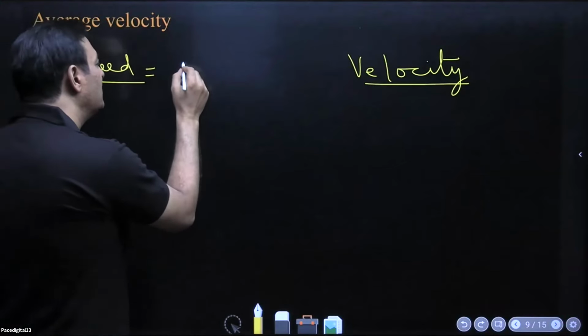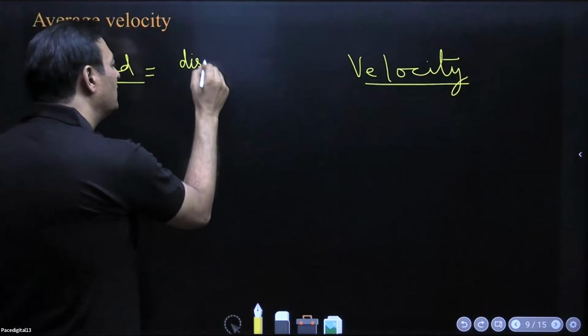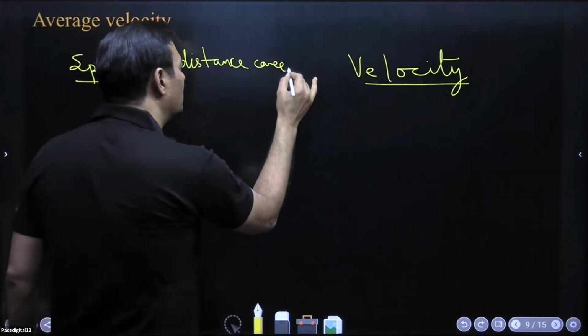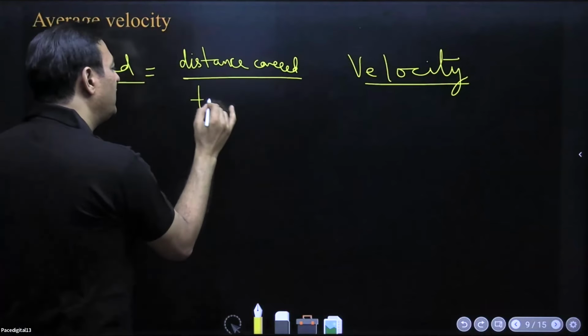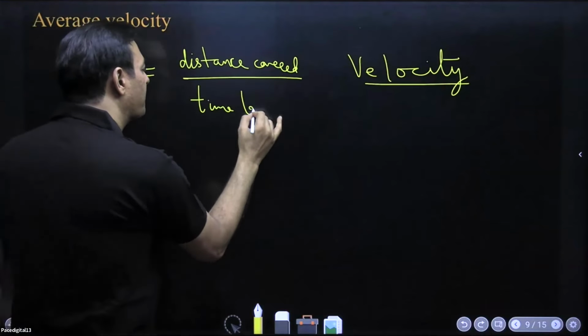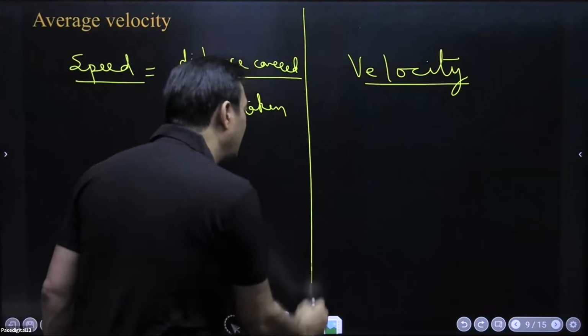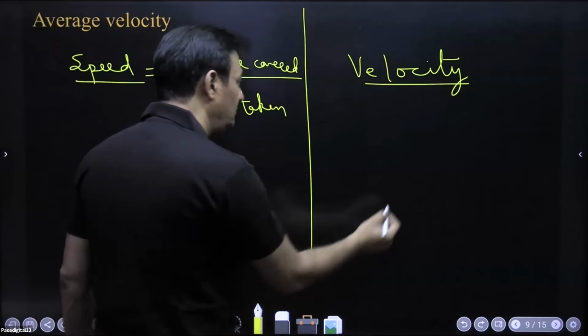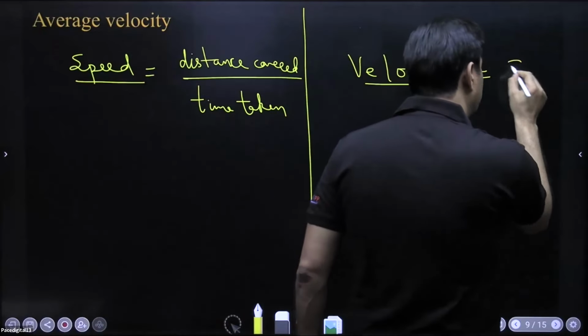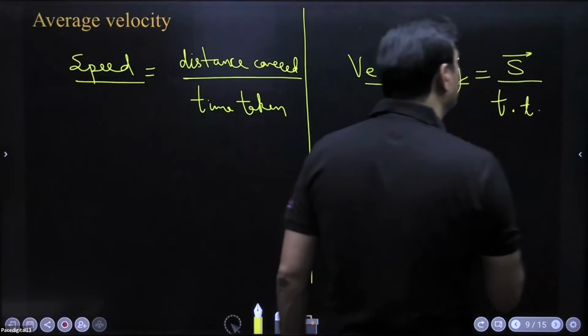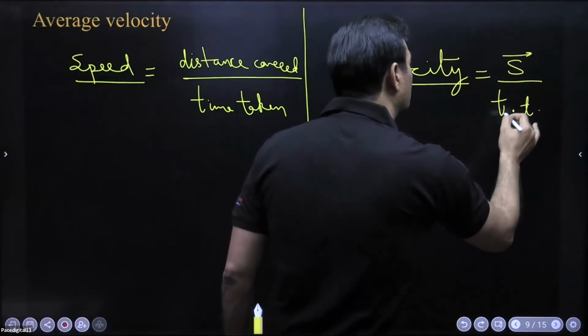Speed is defined as distance covered upon time taken. And velocity is defined as displacement upon time taken. I am writing it in short form: displacement vector upon time taken.